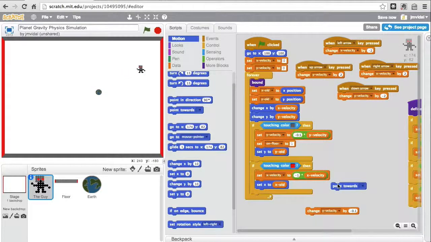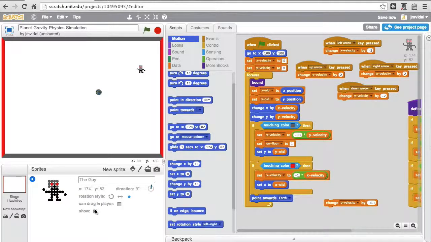So I want him to get pulled in by the Earth's gravity. I'm going to put this here. I'm going to ask him to point towards the Earth. And then you have to make sure you go over here to the guy and change his rotation style so that he can rotate.